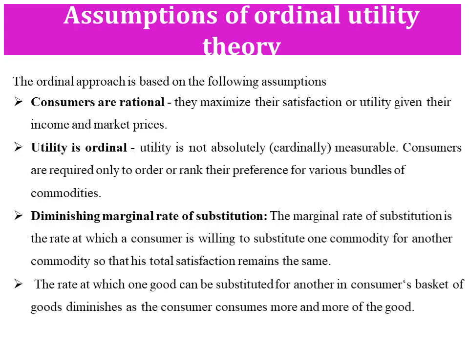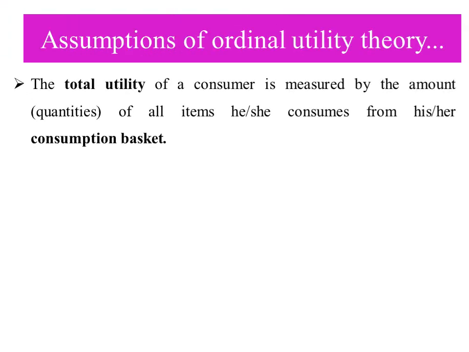The rate at which one good can be substituted for another in a consumer's basket of goods diminishes as the consumer consumes more and more of the goods. The other assumption is that the total utility of the consumer is measured by the amount or quantity of all items he or she consumes from her or his consumption basket.